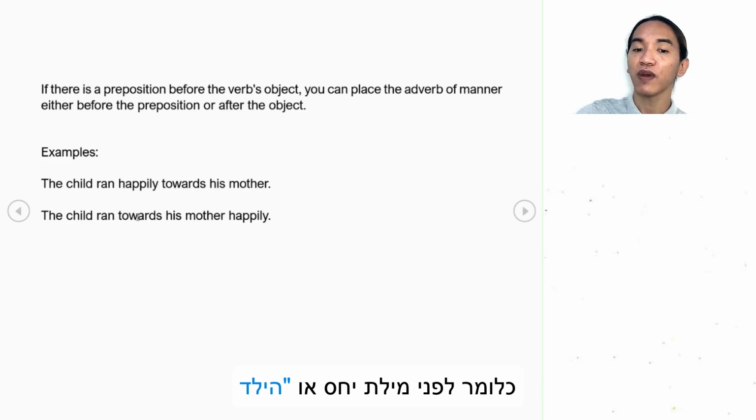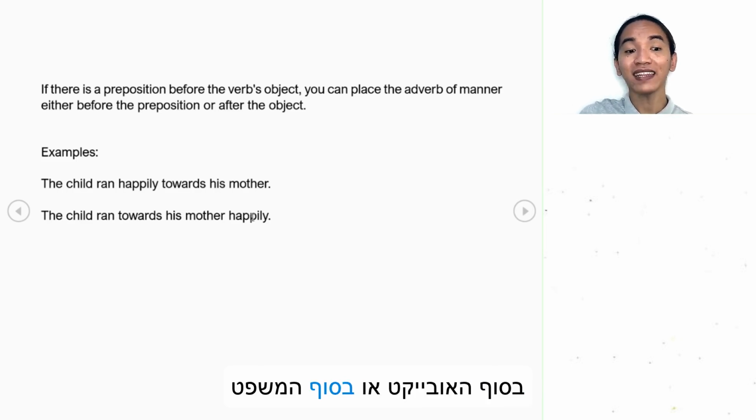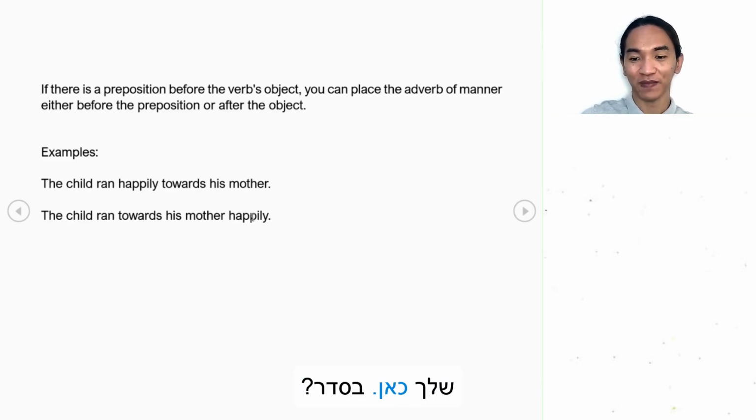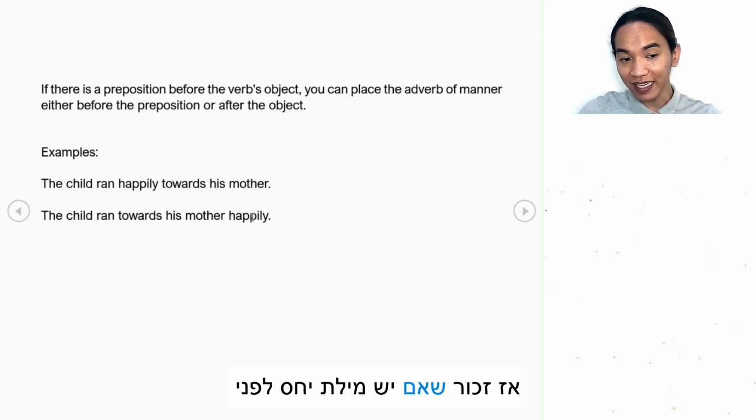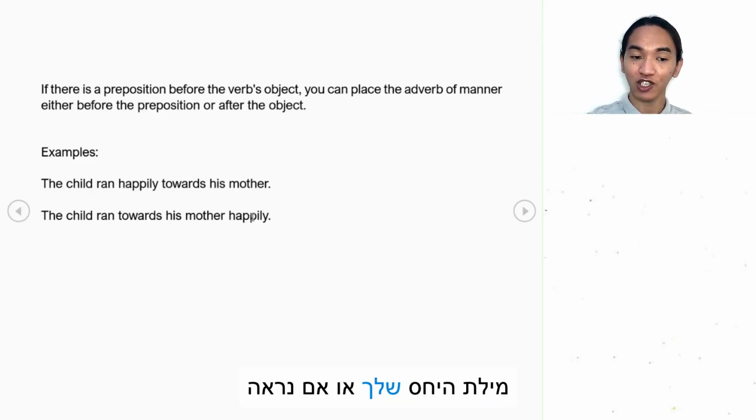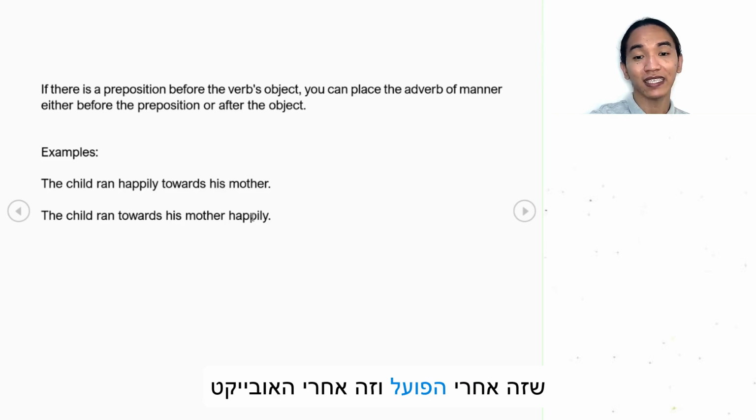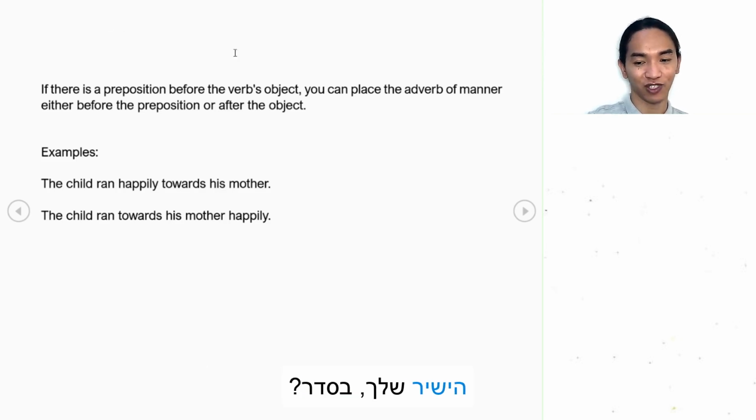Or the child ran towards his mother happily. This is at the end of the object, or at the end of your sentence here. Okay? So remember that if there is a preposition, place the adverb before it, or after your direct object.